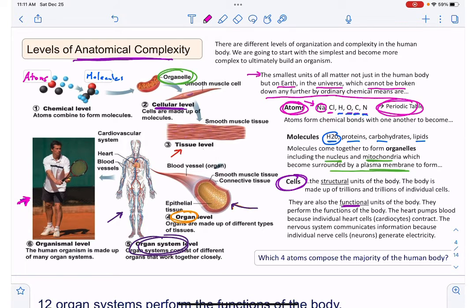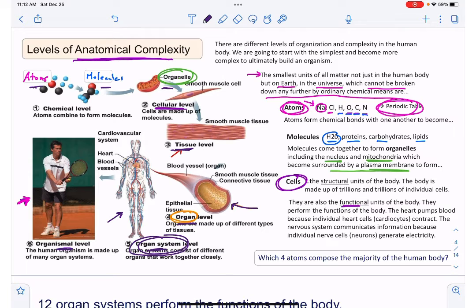And the reason it's important to know these different levels is because in this class, in anatomy and physiology, sure, we're going to talk about tissues, organs, and organ systems and how all those work together at the organismal level, but we're also going to talk about atoms. We're going to talk about molecules and organelles.